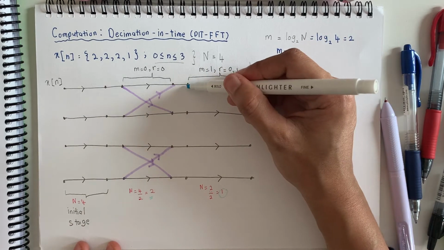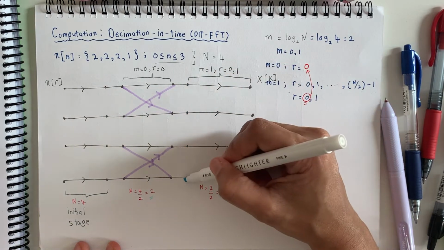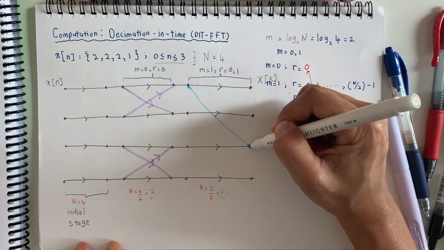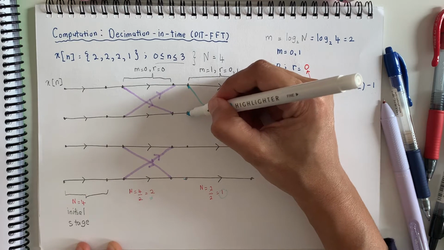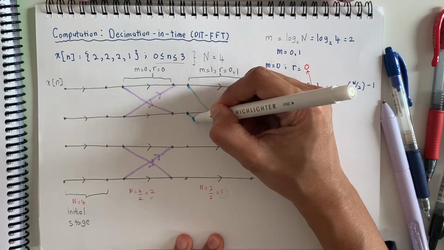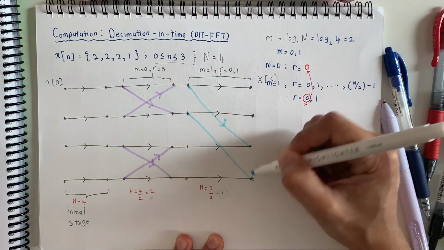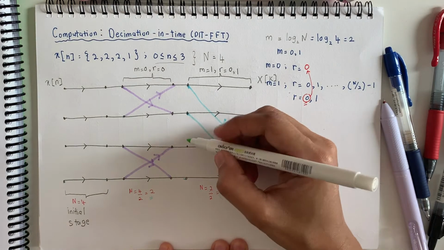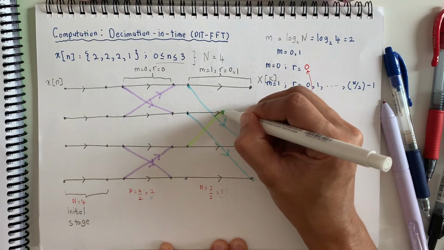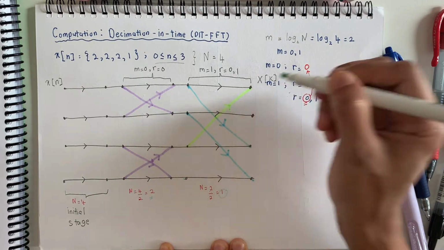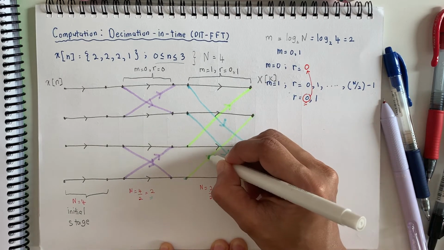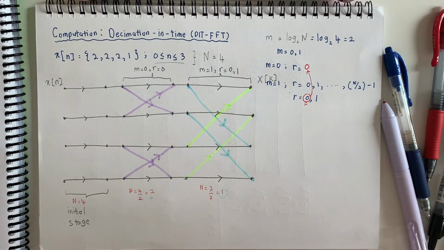For example, we have point A, point B, point A, point B. So point A group A will connect to point A group B. Point B group A will connect to point B group B. Next, point A group B will connect to point A group A. Point B group B will connect to point B group A. Alright?